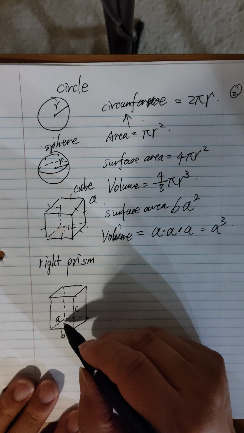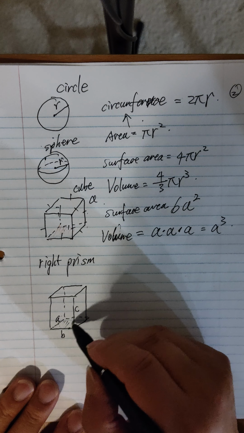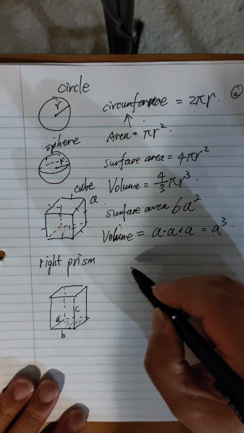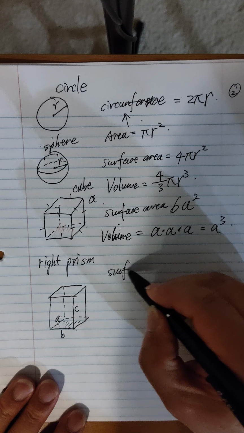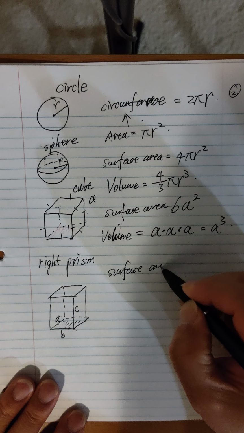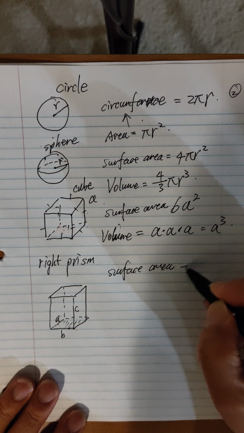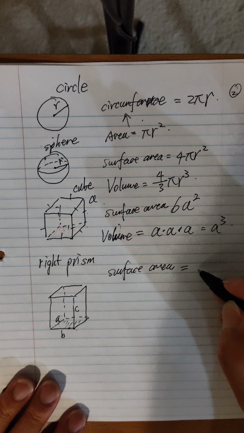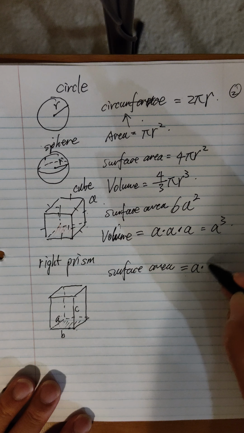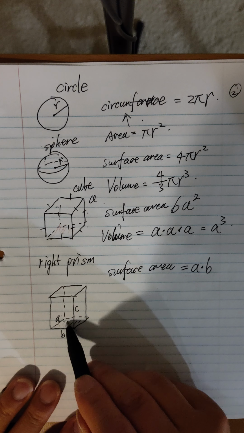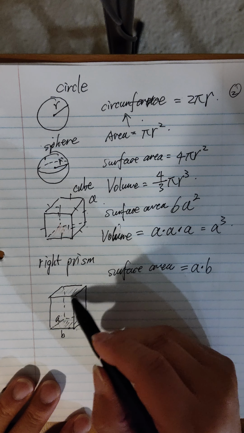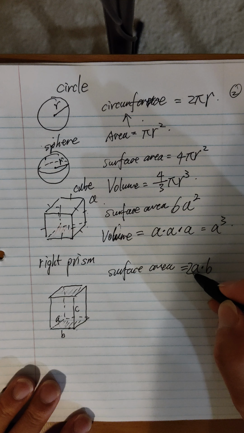So how do we do that? Let's say we find this area. The area is going to be A times B, but we have 2 of them, so it's going to be 2AB.